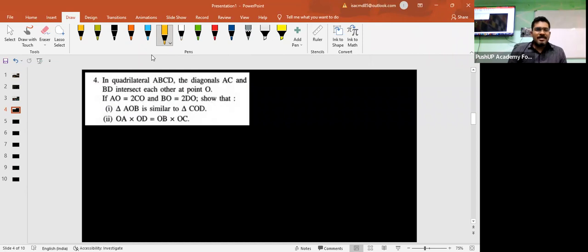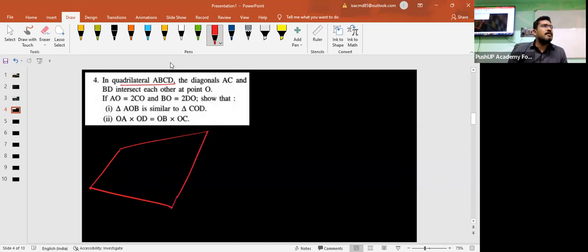Okay, let's start. In a quadrilateral ABCD. We don't know what type of quadrilateral it is. It may be a square, a rectangle, a rhombus, a parallelogram or a kite. I have no clue about it. Since they have used the word quadrilateral, I will draw it irregular in shape.